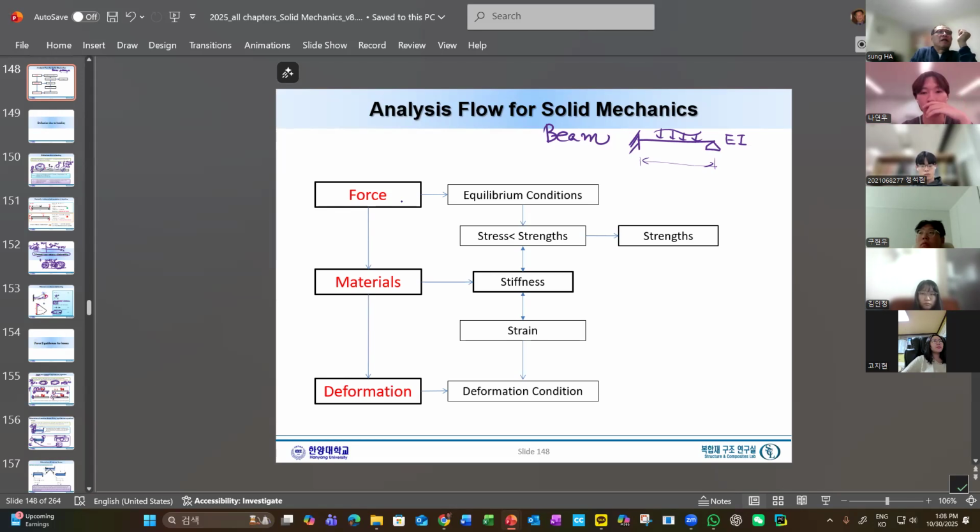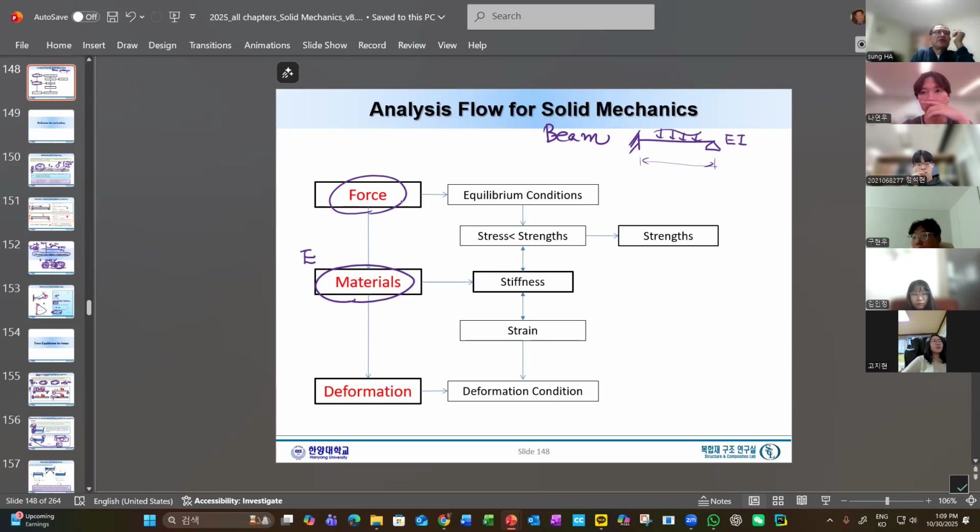Now, let's apply this flow chart. The force, now the material of the beam. This is the EI.